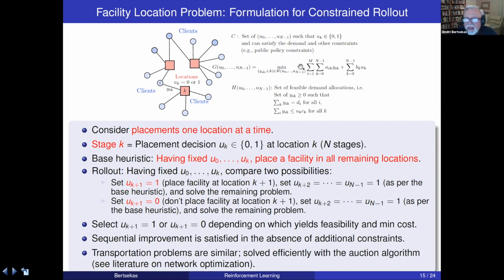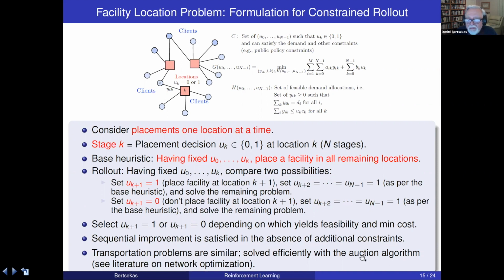They have similar data, and you can use the solution of one transportation problem to hot start the solution of the next transportation problem. And there are algorithms in network flow theory, network optimization, this auction algorithm in particular, that are very well suited to hot starts, starting the solution from an already good solution.